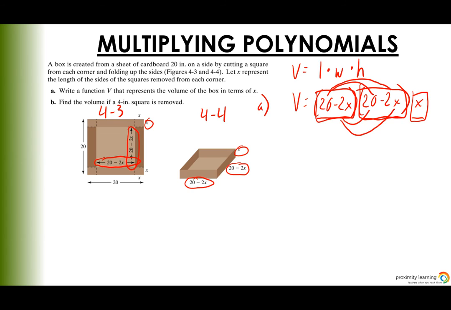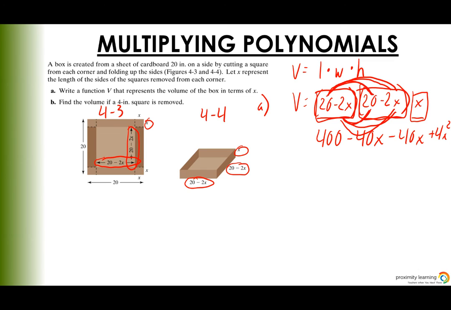Okay. So 20 times 20 gives us 400. 20 times negative 2 gives us minus 40x. Now we're going to do the same thing. Negative 2x times 20 gives us a minus 40x. Then negative 2x times negative 2x gives us a positive 4x squared.